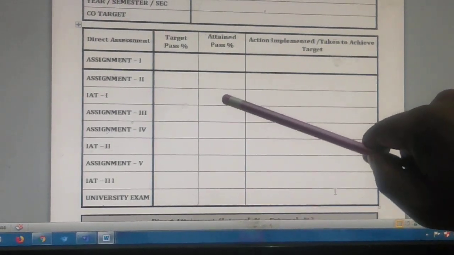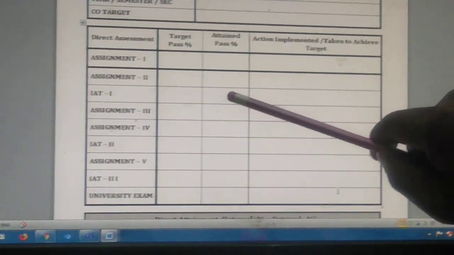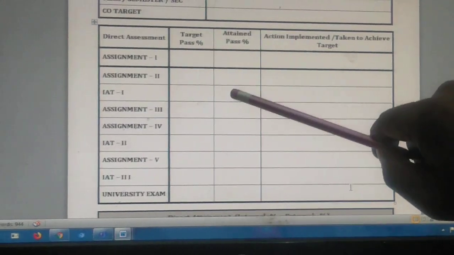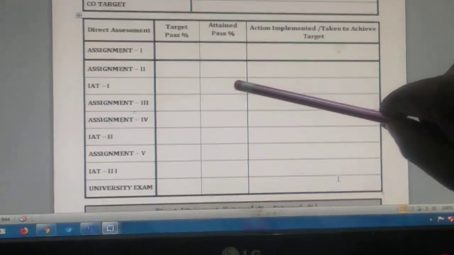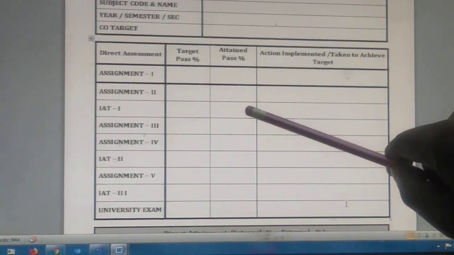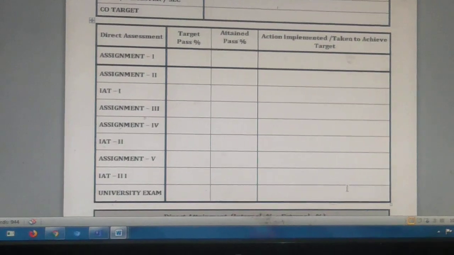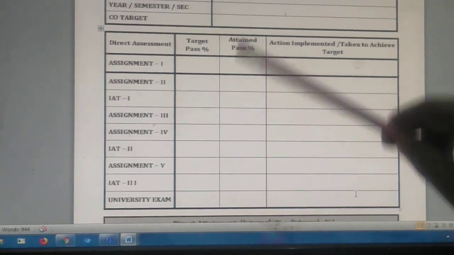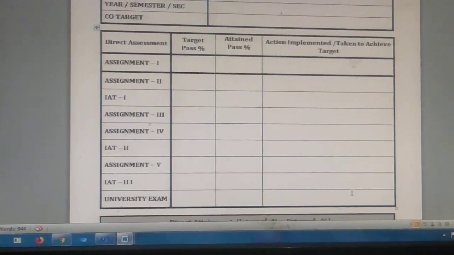Similarly, for IAT 1, it is the number of students who reached the target in IAT 1 divided by the total number of students appeared in IAT 1. So this is purely related to our result analysis, university or IAT 1 result analysis.